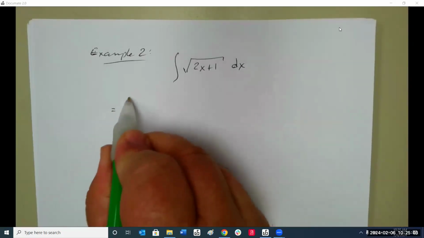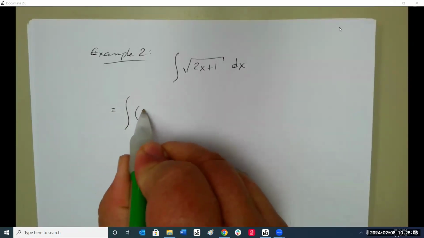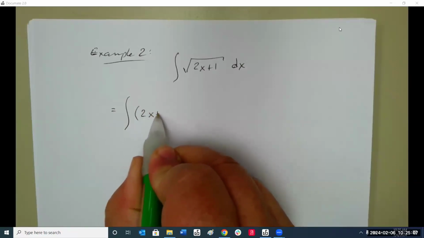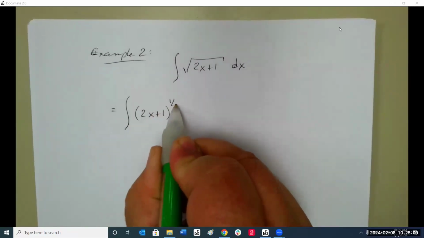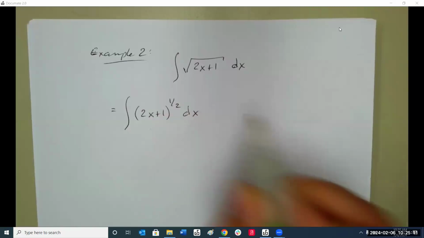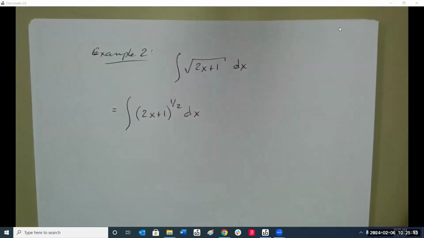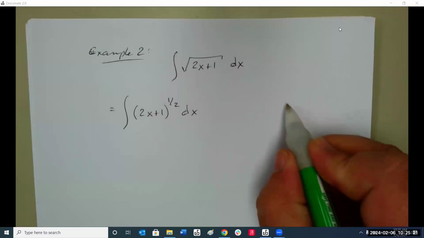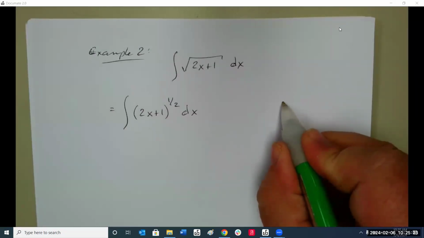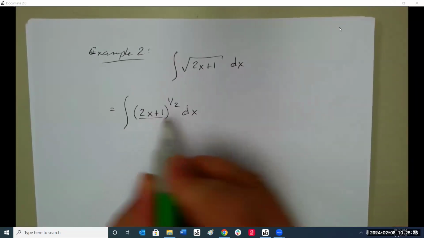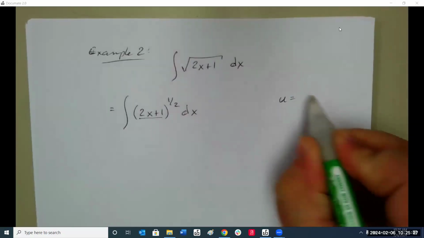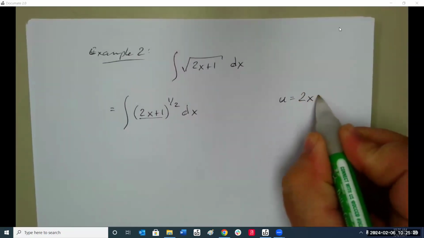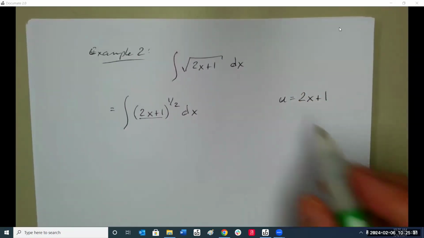The first thing we're going to do is convert this to the form that we know. We have a power. So the u will be the interior part, 2x plus 1.